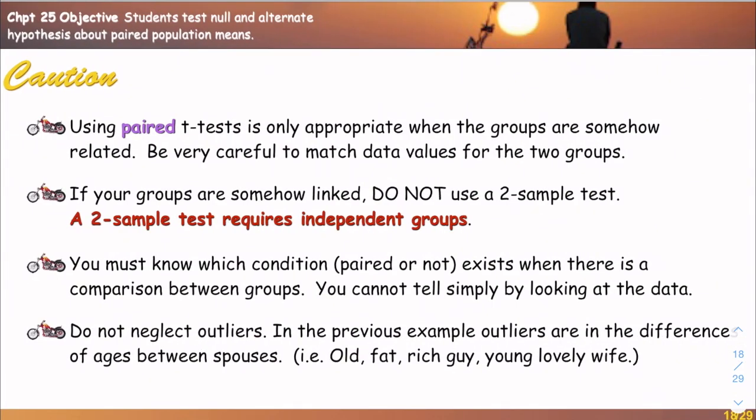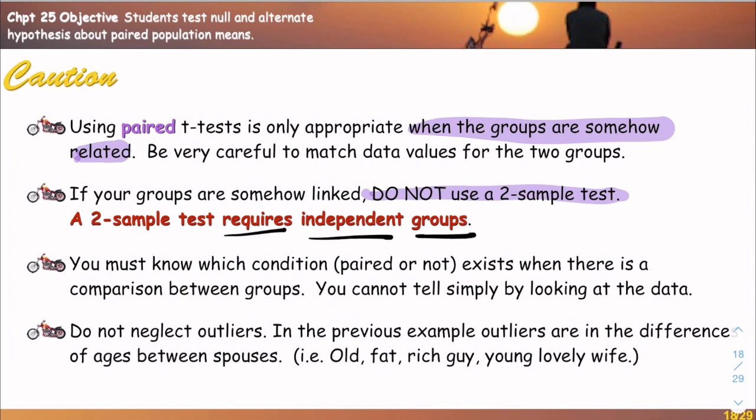So, words of caution before we do some examples. Using paired t-tests is only appropriate when the groups are somehow related. Be very careful to match data values for the two groups. If your groups are somehow linked, do not use a two-sample test. A two-sample test requires independent groups.